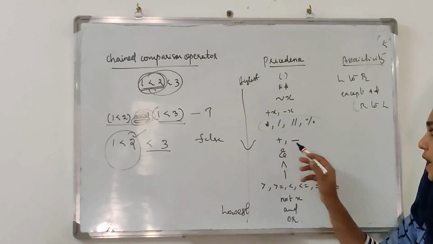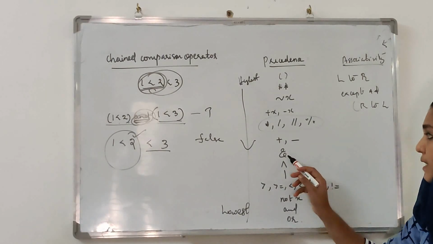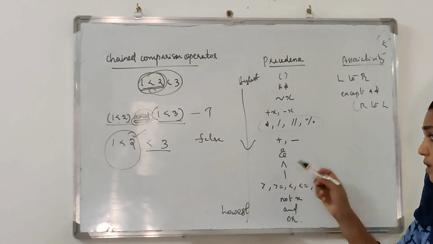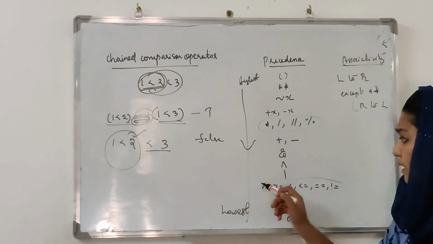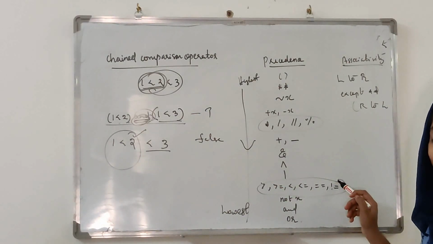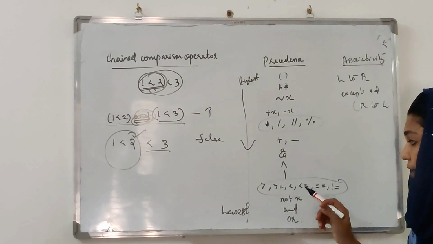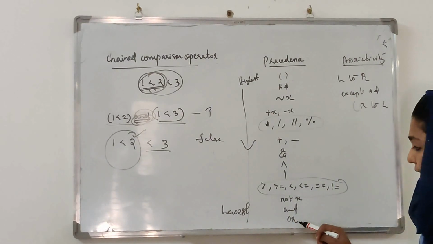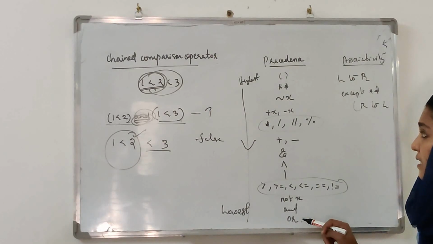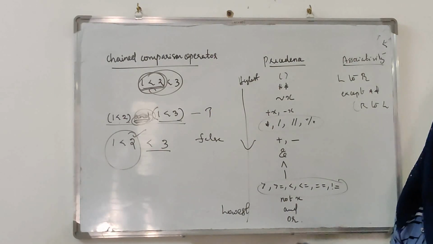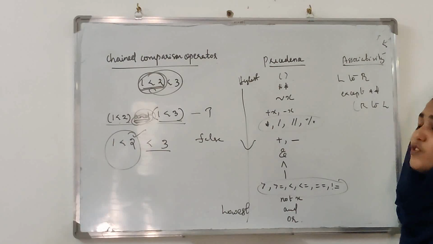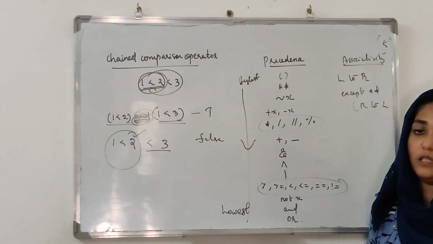Then after that addition, subtraction, then bitwise AND, then bitwise XOR, then bitwise OR. Then all the relational operators have the same precedence. After that logical NOT, then logical AND, and the last precedence operator is logical OR. So this table shows the precedence of operators.